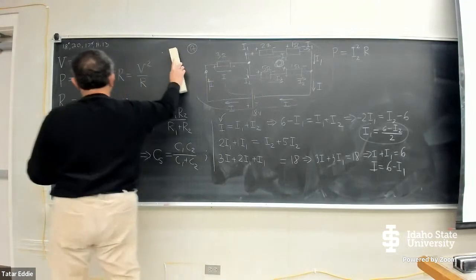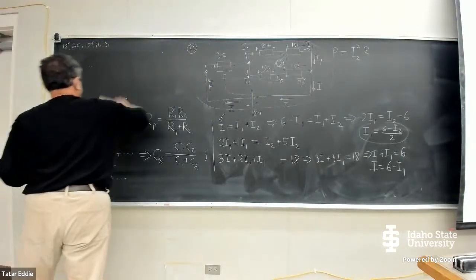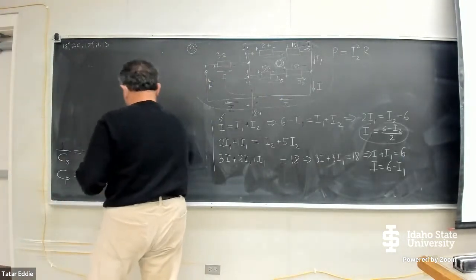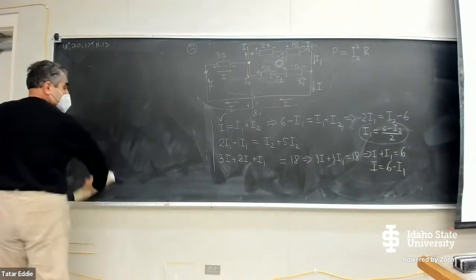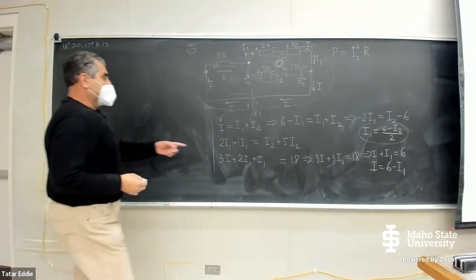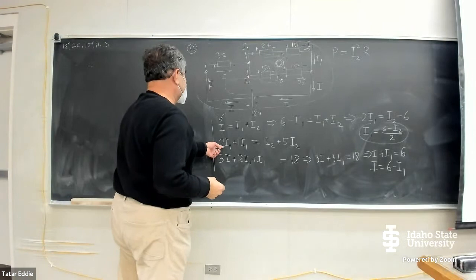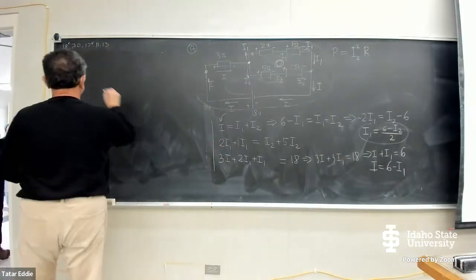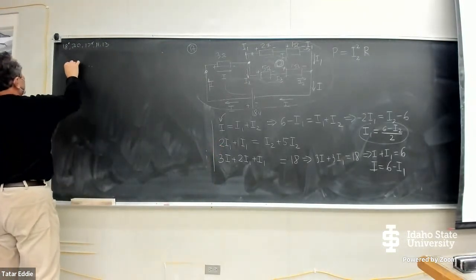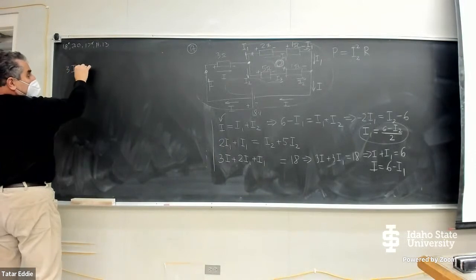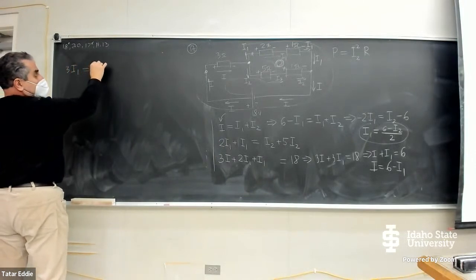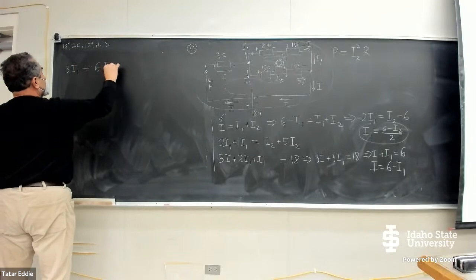So let's do it. Let's first rewrite the second equation as 3 times I1 is equal to 6 times I2.